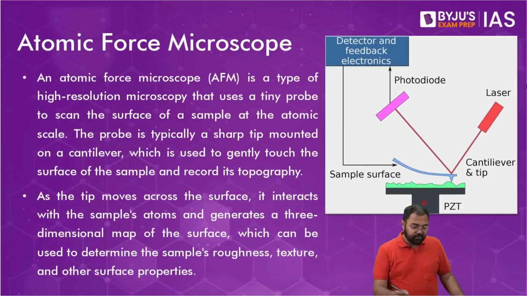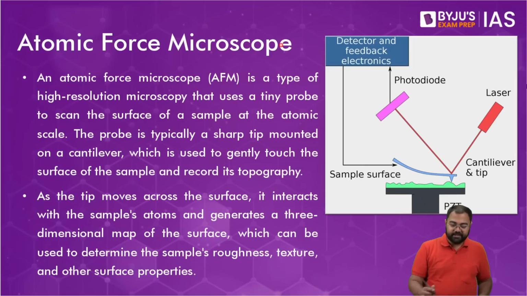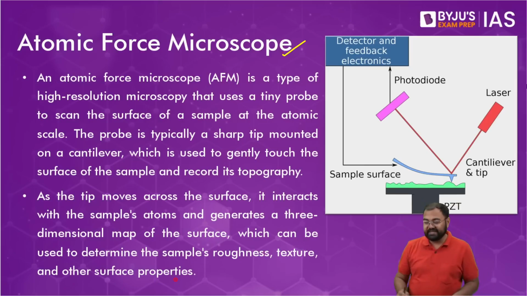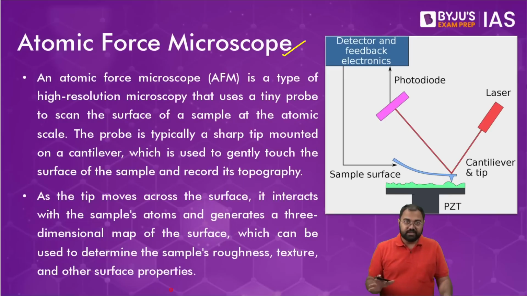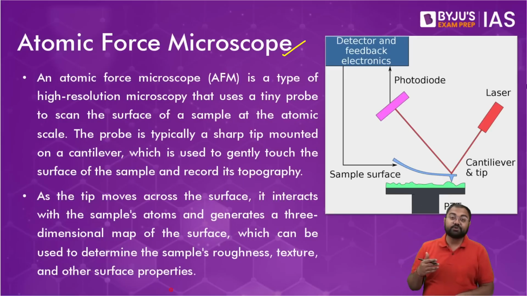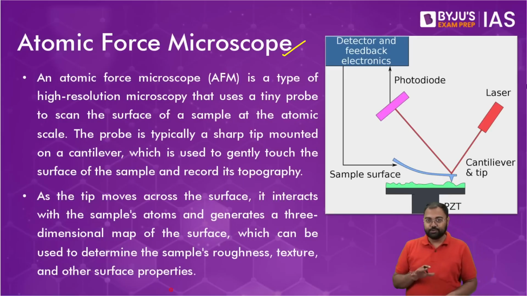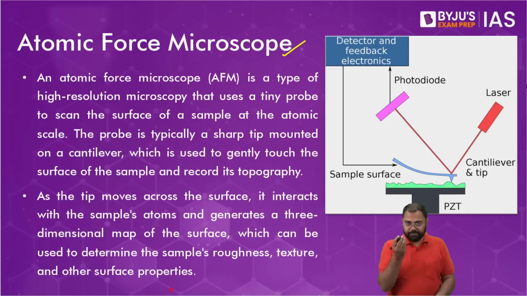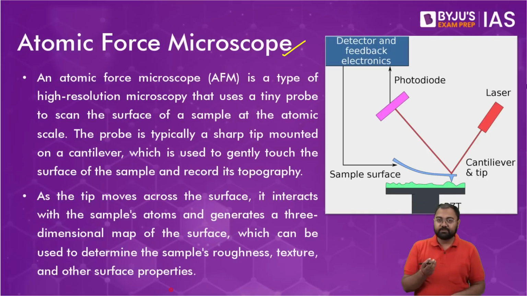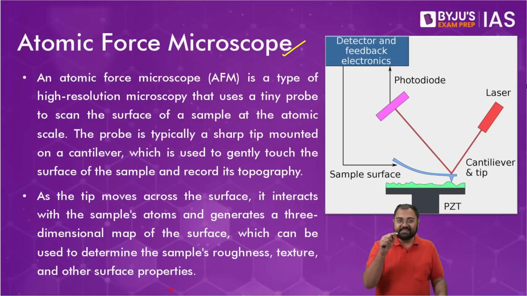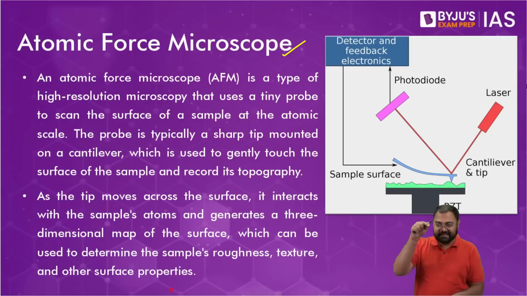Now, apart from the scanning tunneling microscope, there is another microscope that was developed later, which became very popular in nanotechnology, called the atomic force microscope. In the scanning tunneling microscope, electricity is produced and electrons enter the surface.